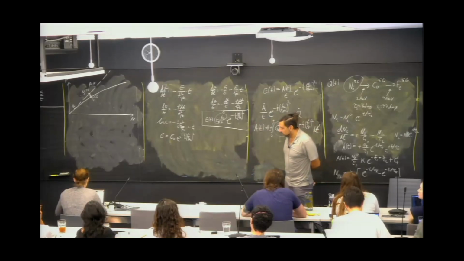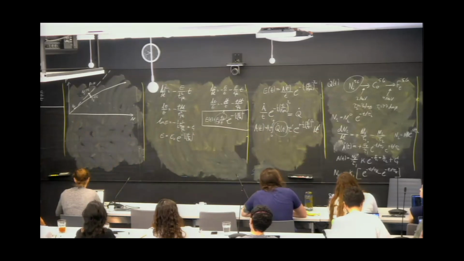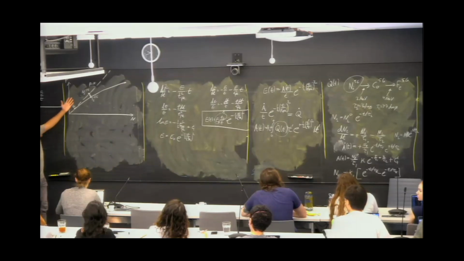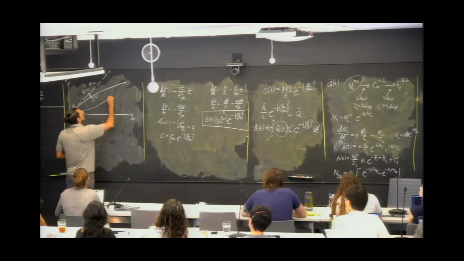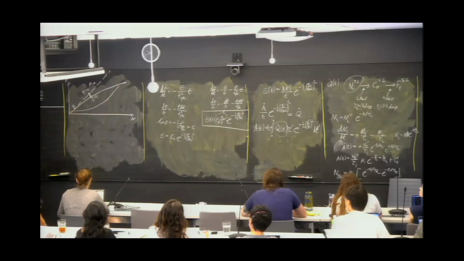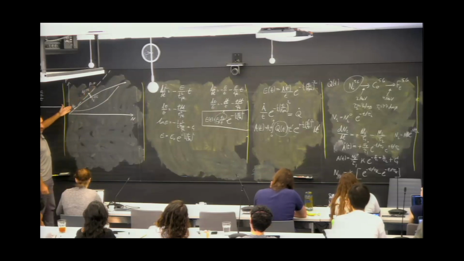And why am I telling you all this? First, I think it's interesting. But also, we would like to do also the other side of this. So you go along this line when you fuse alpha elements.